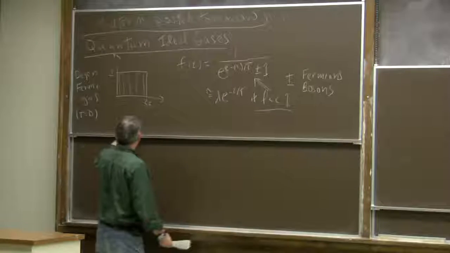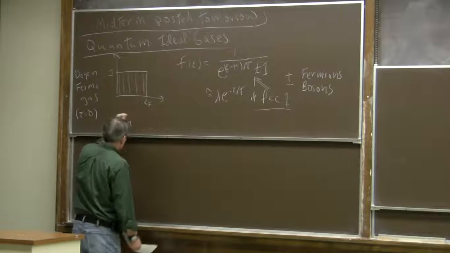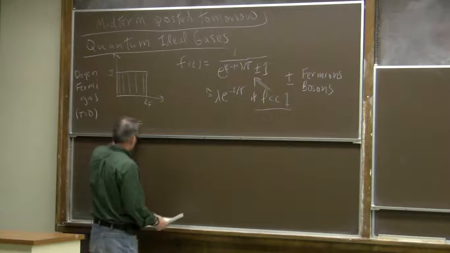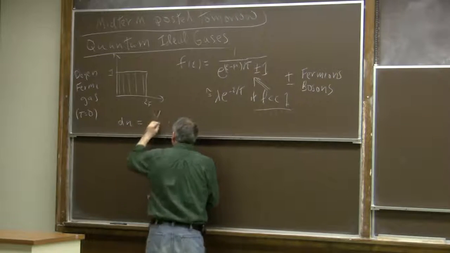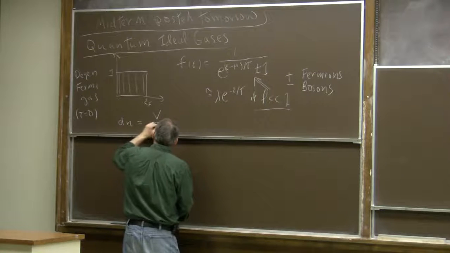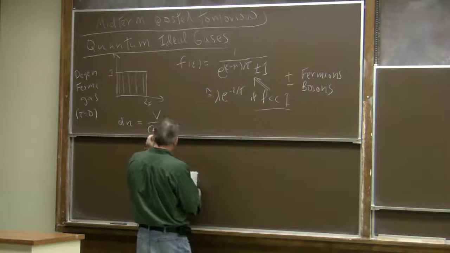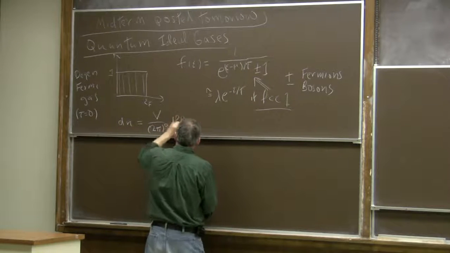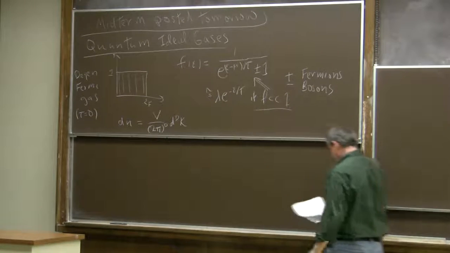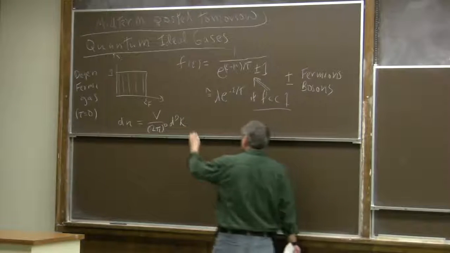Now, we know that counting orbitals can be expressed as, in d dimensions, a d-dimensional spatial volume divided by 2 pi to the d times a d-dimensional wave number integral times a possible spin factor.